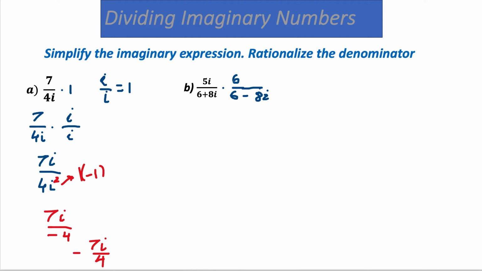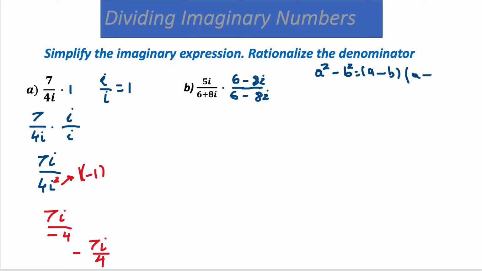And I know when we are working with the conjugate and multiplying up and down, we are going to apply the difference of squares formula, which we already know from the previous lesson. A squared minus b squared is equal to a minus b times a plus b.